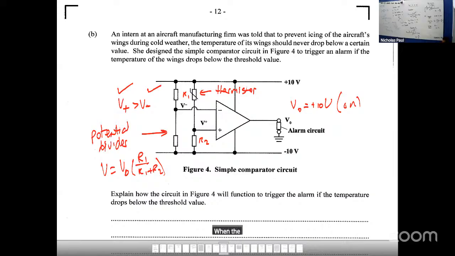When the thermistor experiences a temperature below the threshold value, it will cause the resistance of the thermistor to increase.